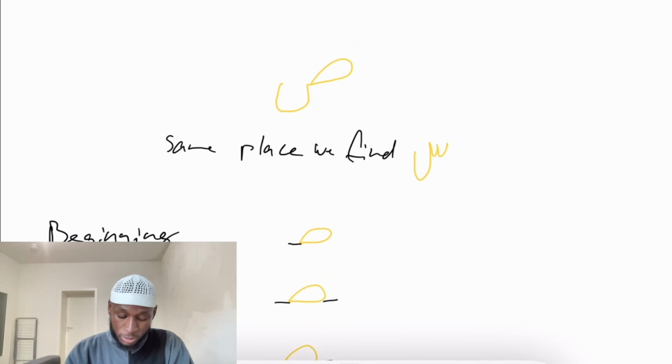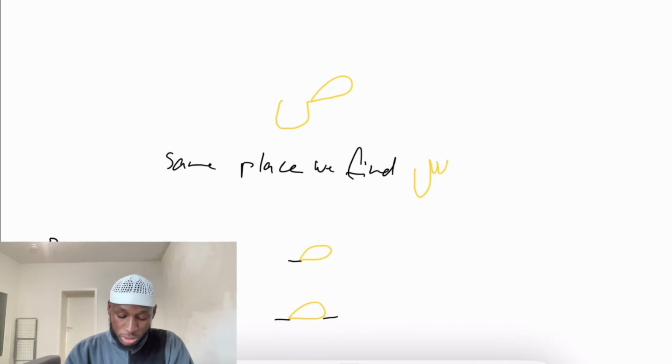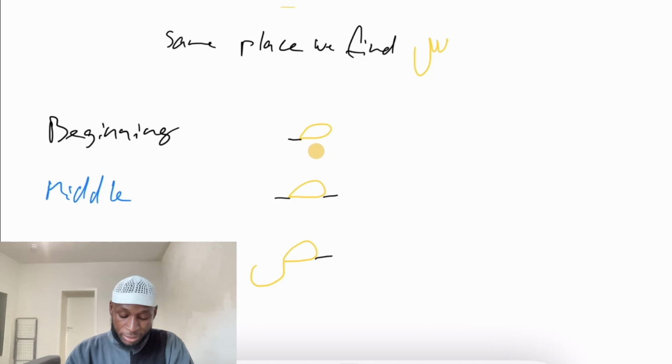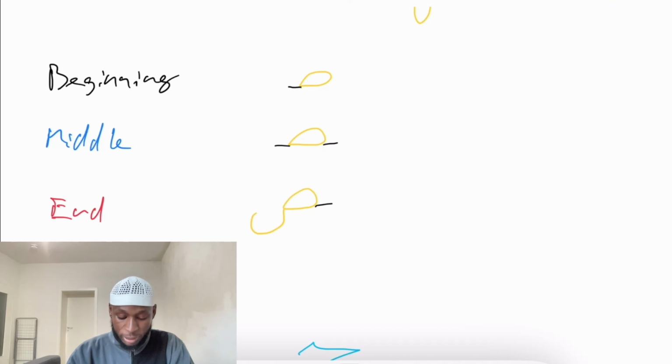I always encourage you to look at the head. This is the head, and that is our player. So we have to look at the head. In the beginning form, you write the form of the head, but then this black line shows that letters follow it. When it is in the middle, you also have the head, and then the black line to show that there are letters before and after.